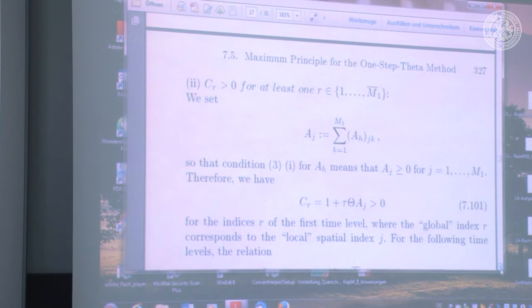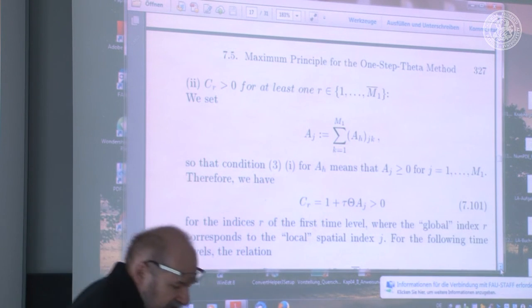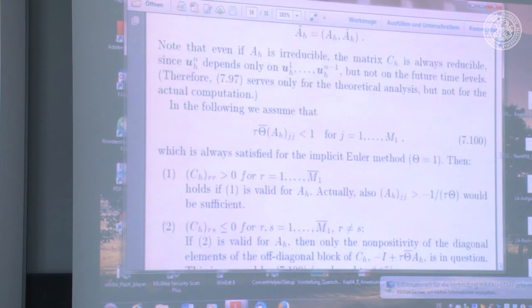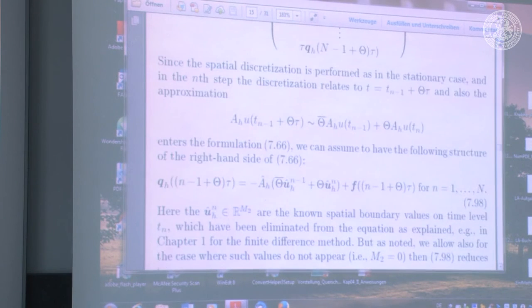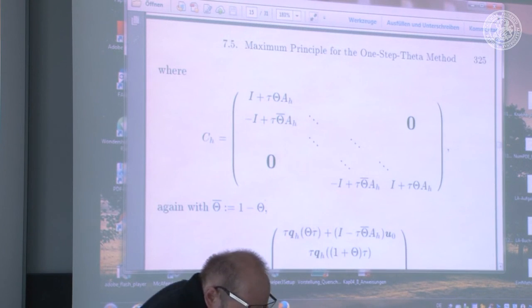Let's start with the first block. So the indices R are the indices of the first block. This is meant here and here. What does that mean? Maybe we go back to the matrix. I only have one projector here, unfortunately.